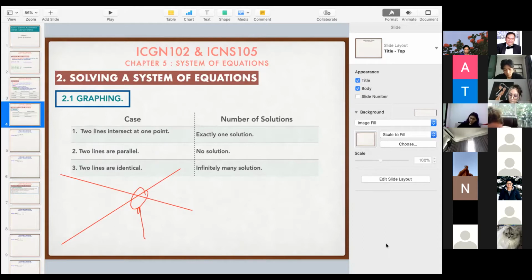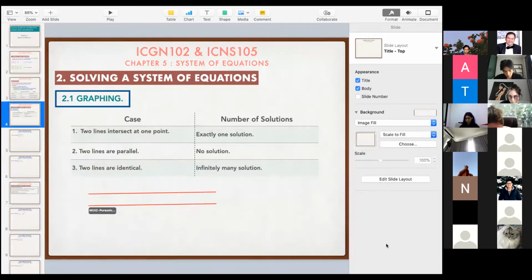But if when I do the graphing I have two lines that are parallel, two lines that are parallel like this have no solutions, because you will never see any coordinate that cuts across these two lines.